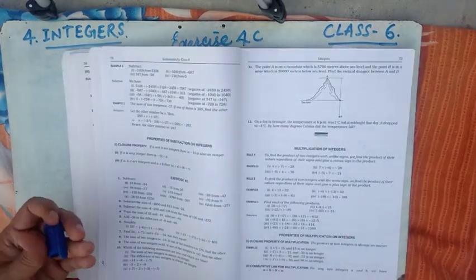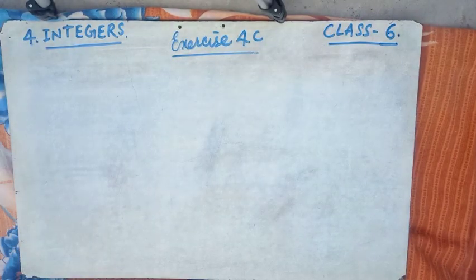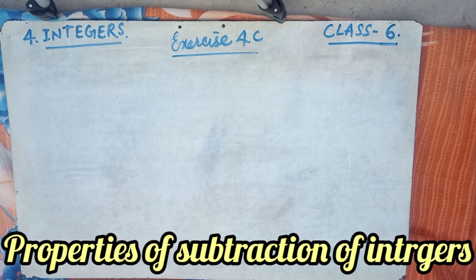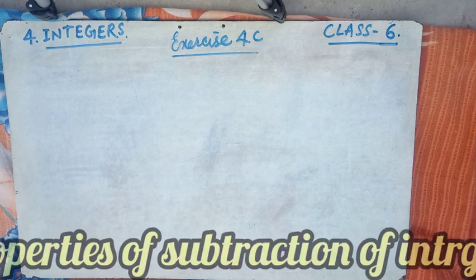First of all, we have to learn a little bit about the properties of subtraction on integers. In the previous video we already learned the properties of whole numbers, the commutative law and associative law of whole numbers. Now let's start with the properties of integers under the operation of subtraction.